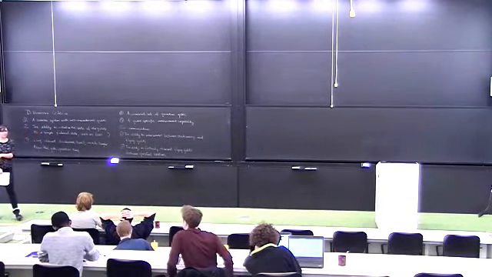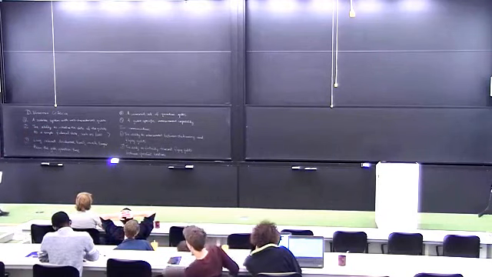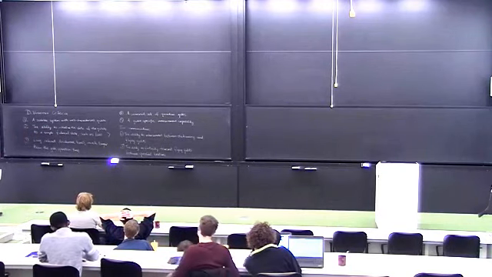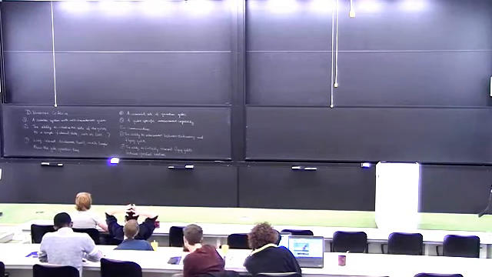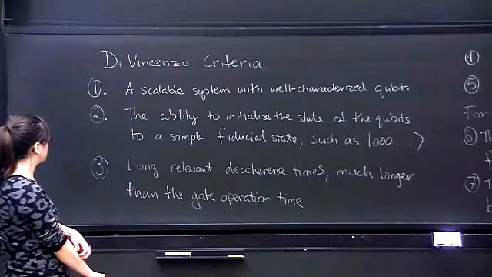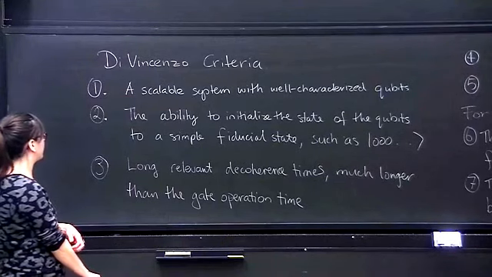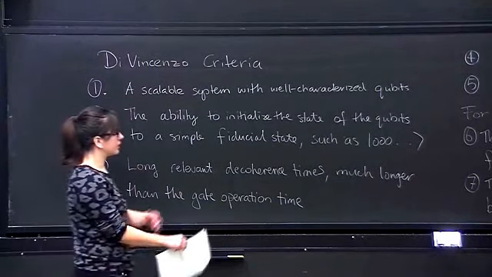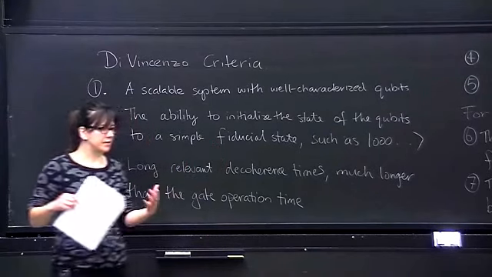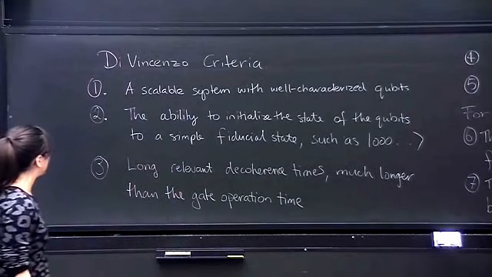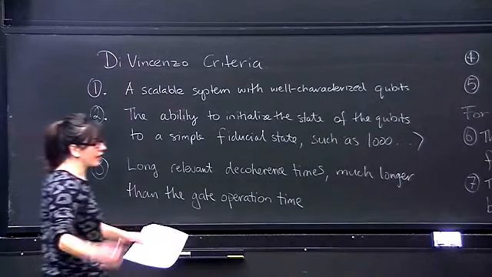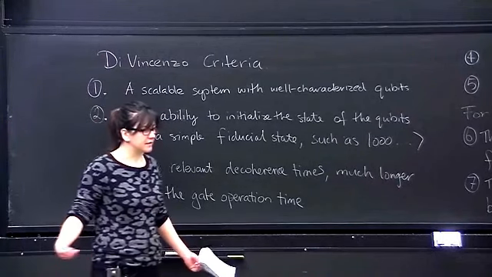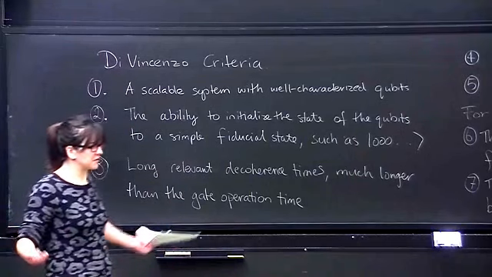Depends what you mean by scalable. People have been able to create systems with some number of qubits, but creating them with an arbitrary large number of qubits is not possible yet.